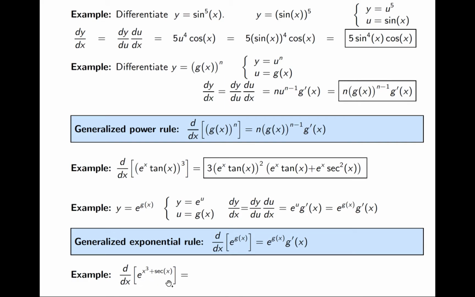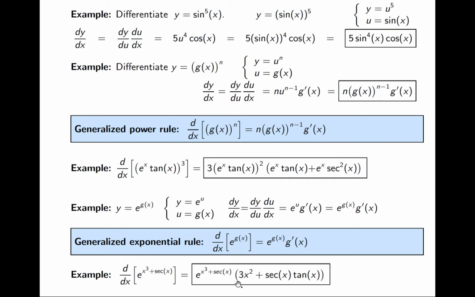Now, e to the power of g of x would be e to the power of x cubed plus secant x, but then we have to multiply that by the derivative of x cubed plus secant x, which would be, let's see, the derivative of x cubed is 3x squared, and the derivative of secant x is secant x tangent x. So there we go.